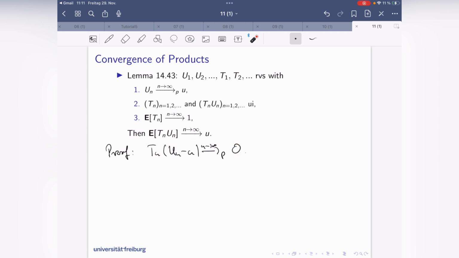And that means the expectations converge. So the expectation of Tn Un converges to the expectation of the limit, Tn times U. The expectation of Tn is 1, so that's it then.